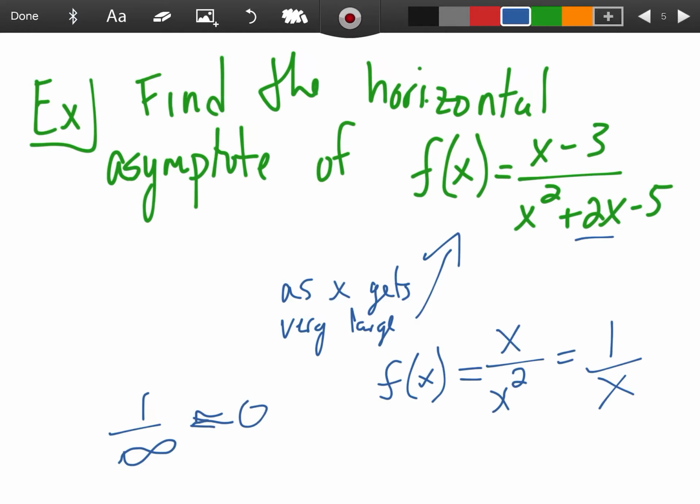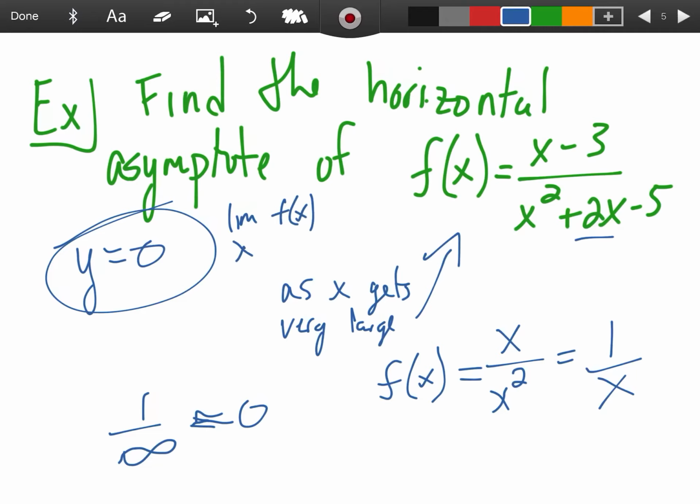And of course, it's a line, so we need to write the equation of that line. It's a horizontal line, so my asymptote is y equals 0. As far as end behavior is concerned, my asymptote tells me what value I will approach. So the limit of f of x as x goes to infinity is just going to be 0. So that's my right end behavior.